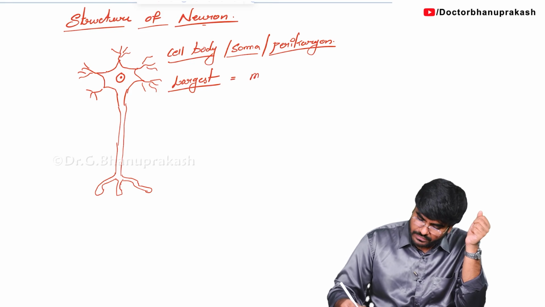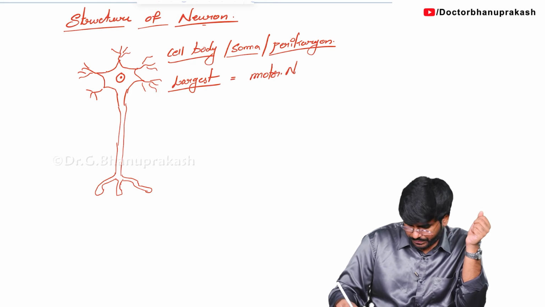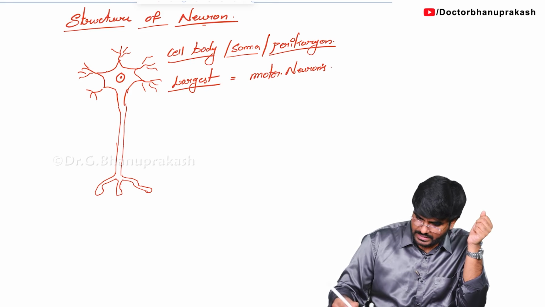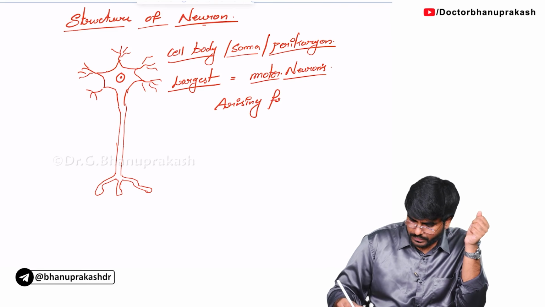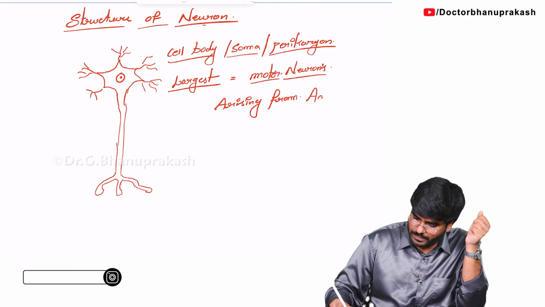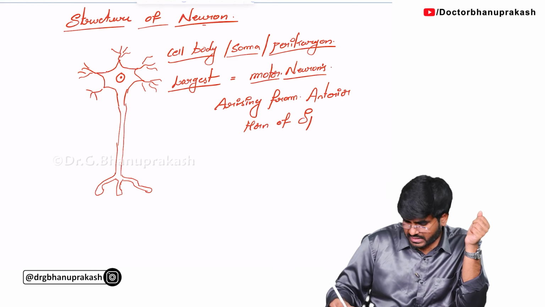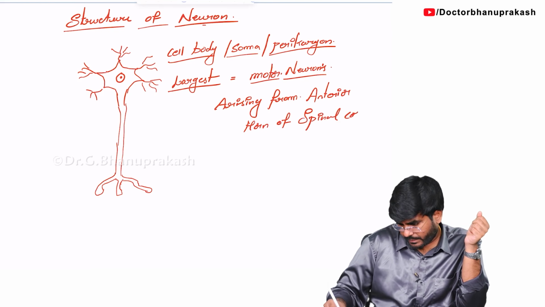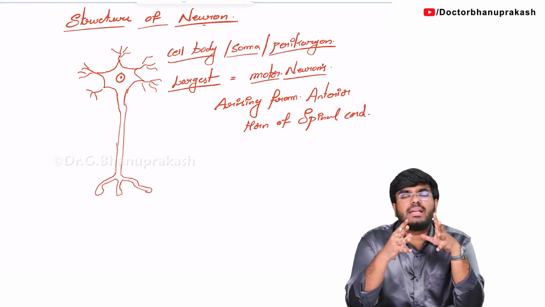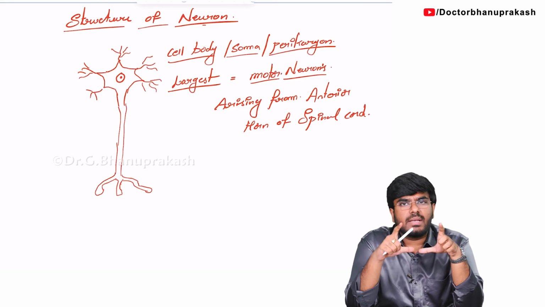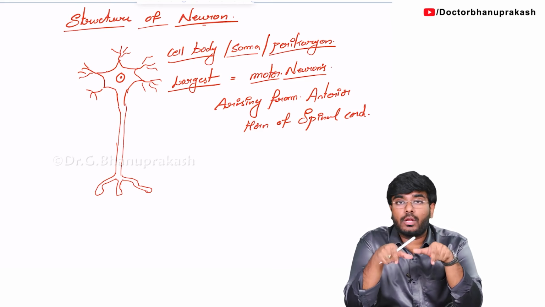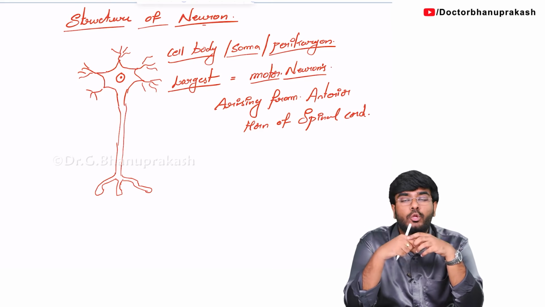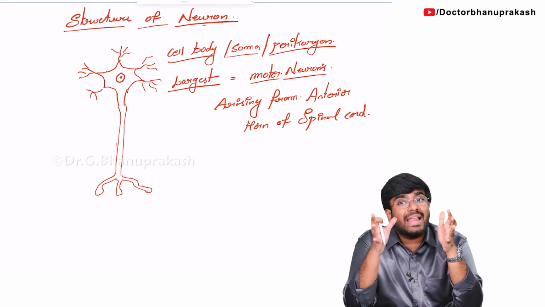Largest cell bodies are present in the motor neurons arising from the anterior horn of the spinal cord. We all know the anterior horns of the spinal cord are motor in nature. The anterior horn gives rise to the motor neurons, and the cell bodies of these motor neurons are the largest in size.